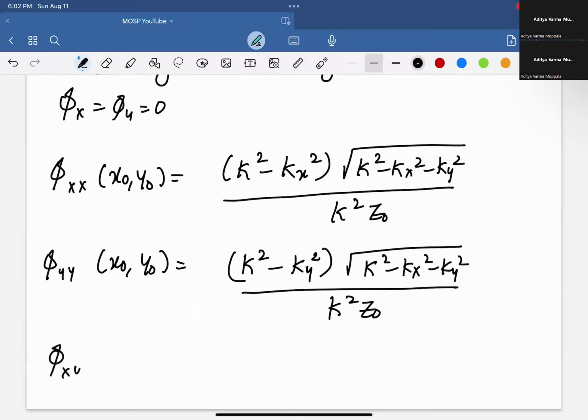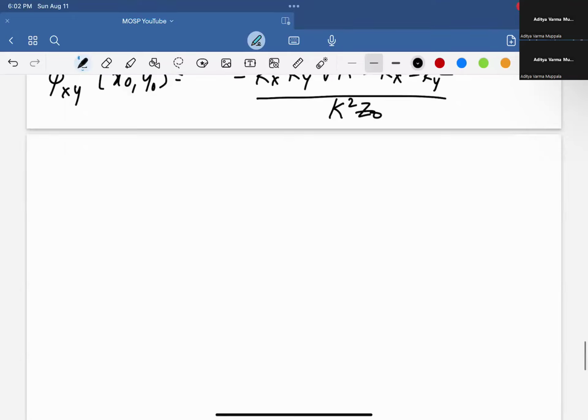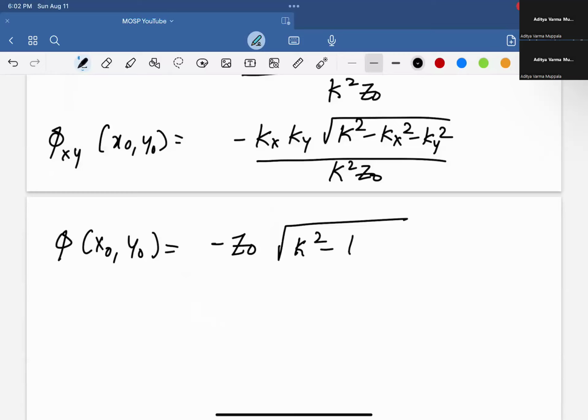And finally, phi xy at x naught, y naught is equal to minus kx ky square root of k squared minus kx squared minus ky squared over k squared z naught. And then evaluating the phase itself at the stationary phase point gives minus z naught square root of k squared minus kx squared minus ky squared.